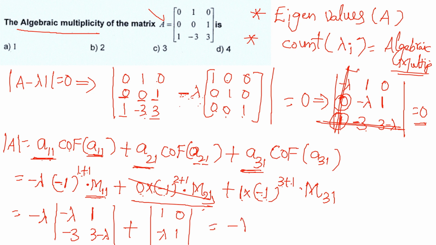Now let's find the determinants here. So minus lambda times the determinant of this one, which is minus lambda times 3 minus lambda, that is minus lambda times 3 minus lambda, minus 3 times 1, that is minus 3. Ones are plus the determinant of the second one, 1 ones are 1, 0 times lambda is 0, so 1. Now let's solve this equation, that is equal to 0, to find the roots, which in turn give the eigenvalues.